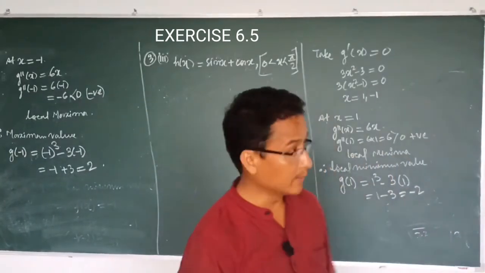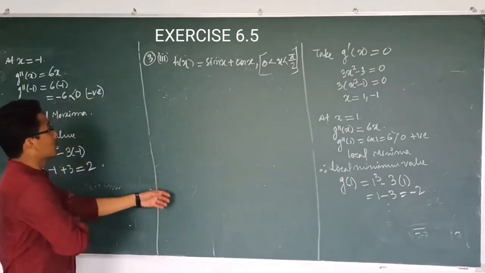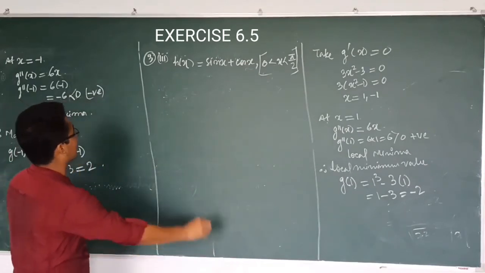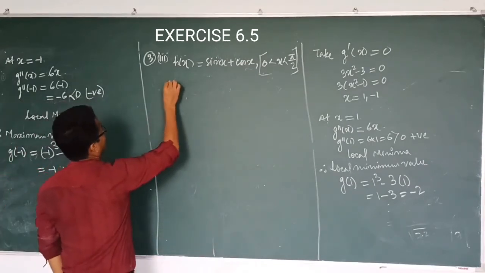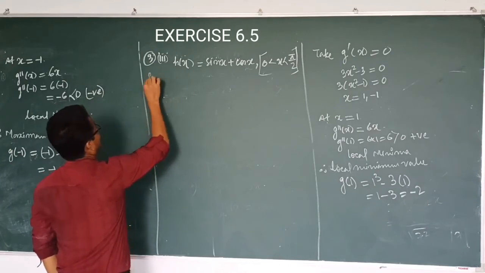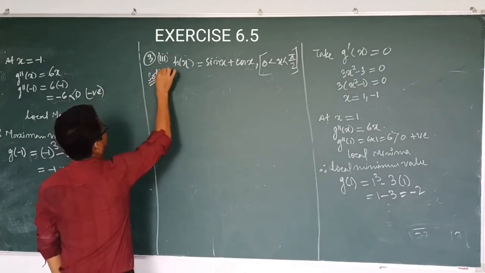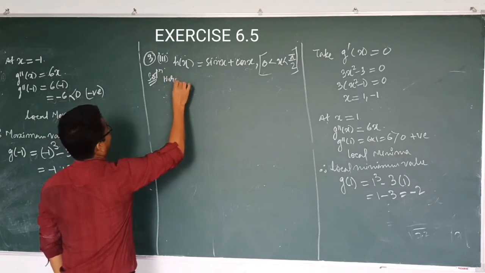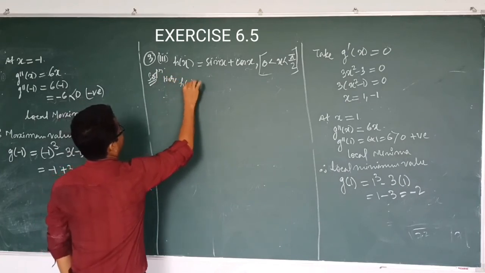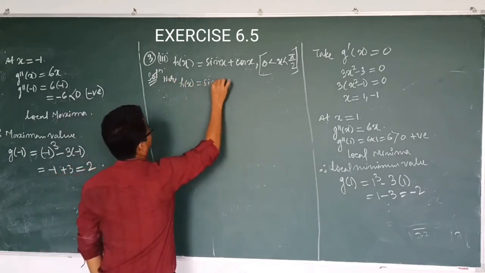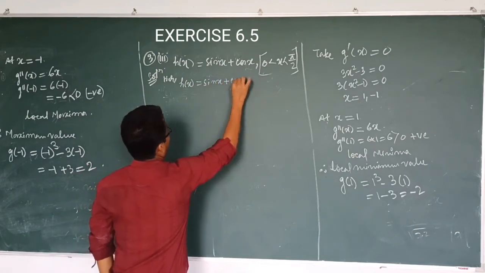So again here also we are finding d/dx. So first derivative test. Solution, let's see. Here the function is h(x) equal to sin x plus cos x.